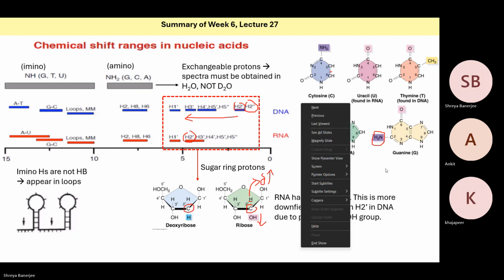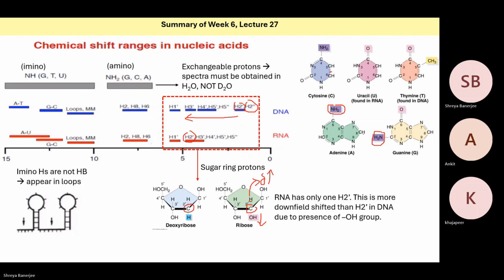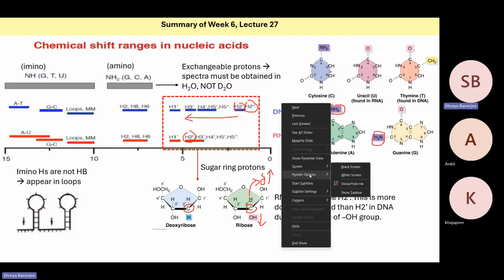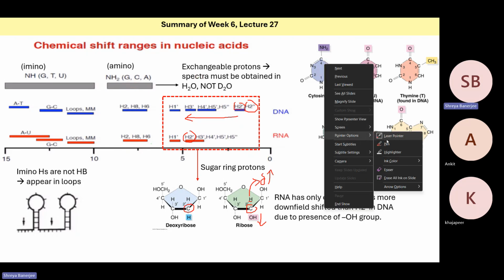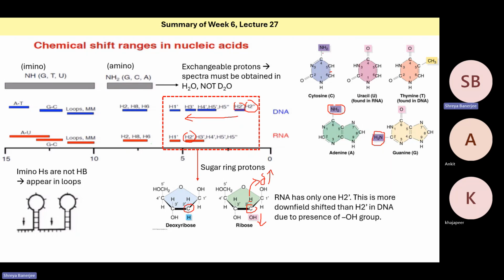So H8 is referred to here. And so you have the different amino protons of G, C, and A. So this numbering is a bit wrong. This is actually H8. So the number here is 8. You can understand it when it pairs with the sugar ring. This is what they are calling H8. So here is where the amino protons are appearing.